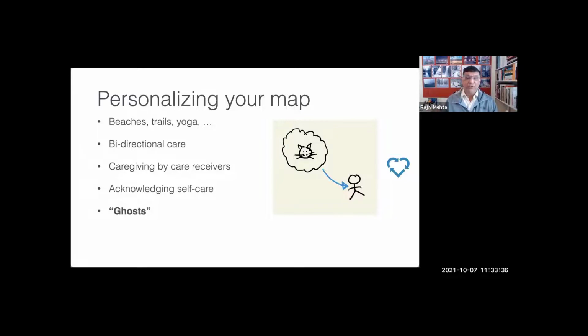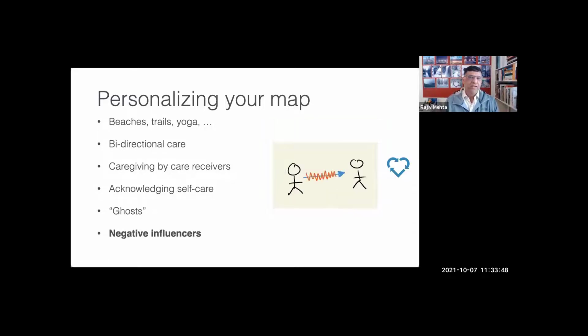Never mind that she's no longer there, her vote still counted. And so you might have such people in your family who still have huge influence, even though they are no longer alive.